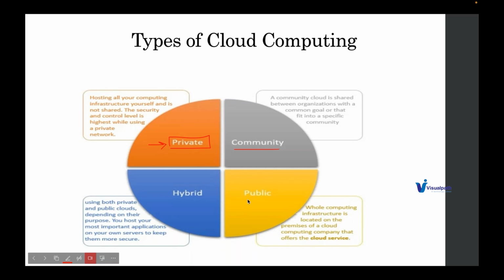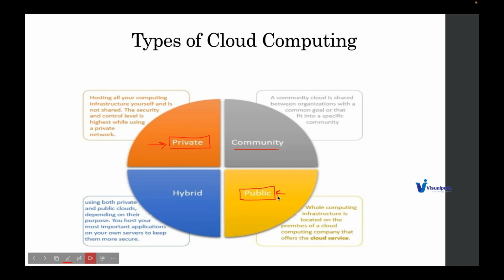And you might have heard about the public cloud. The name itself says it's available for everyone, like Google, Azure, AWS. All these are public clouds, where anyone who wants to host their services can create an account, create a subscription, and start spinning up whatever they want.